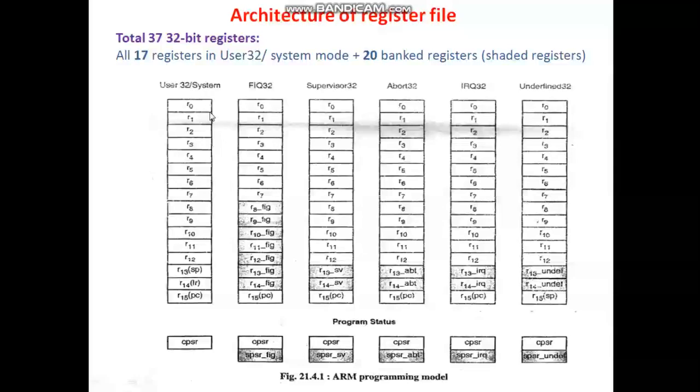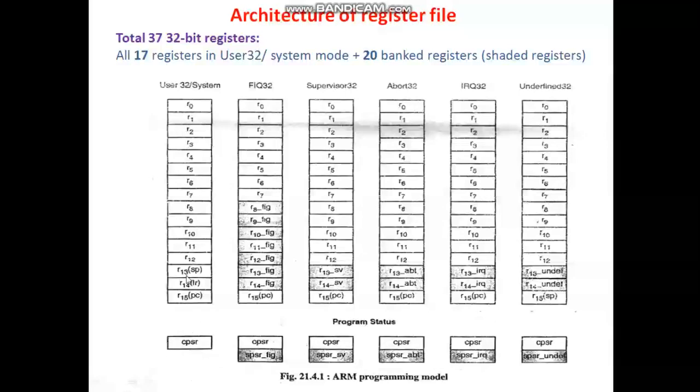In this mode, a total of 16 plus 1, 17 registers are visible to the programmer. Those registers are R0 to R15, 16 registers, and one more register called CPSR, the current program status register. We'll discuss this later.